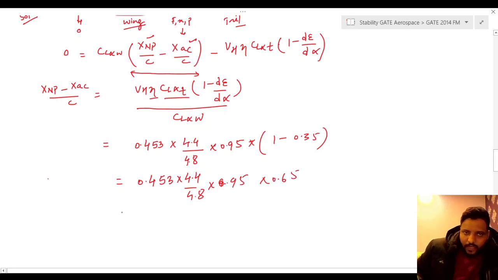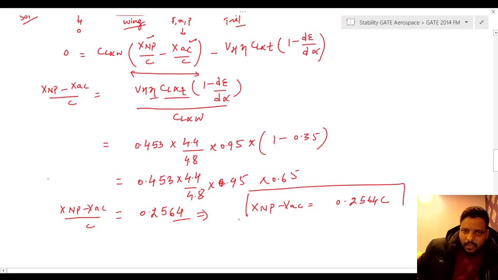If I solve it, my answer would be 0.2564. So XNP minus XAC in terms of mean aerodynamic chord, the shift in neutral point is 0.2564 C. This is my final answer.